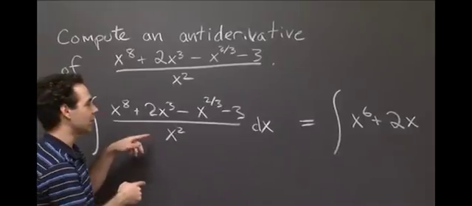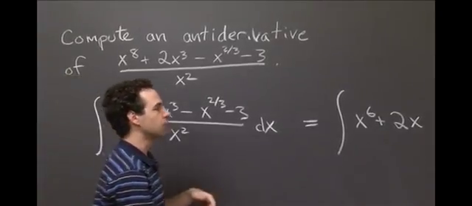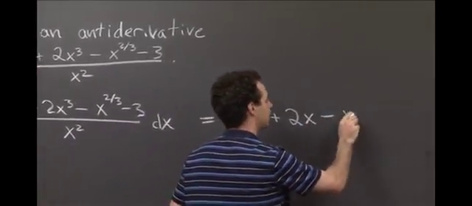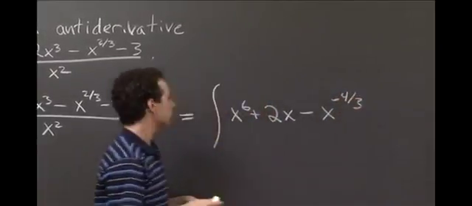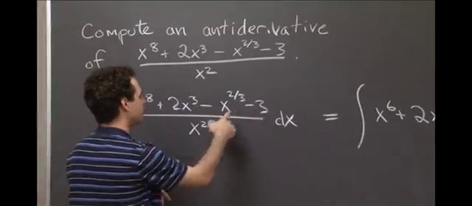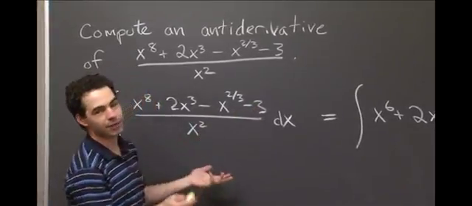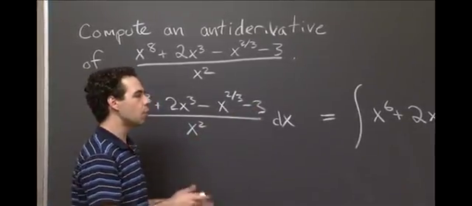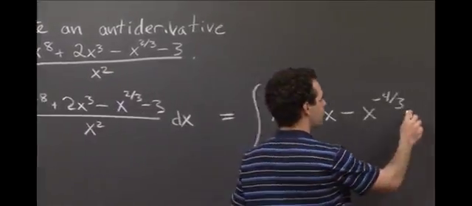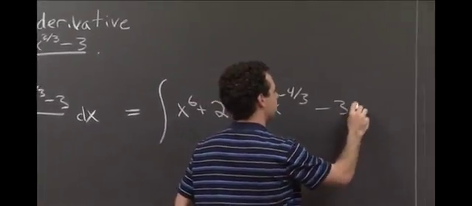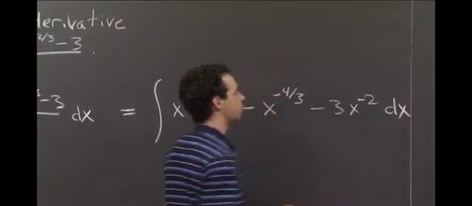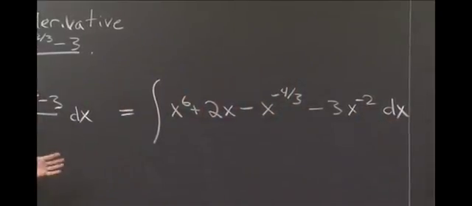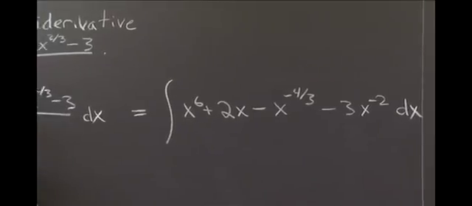That's x to the 2/3 minus 2, which is x to the minus 4/3. And minus 3 over x squared. We could write that as minus 3 over x squared, or maybe it's a little more convenient to write it as minus 3x to the minus 2 dx. So far I haven't really done anything, just a little bit of algebra here.